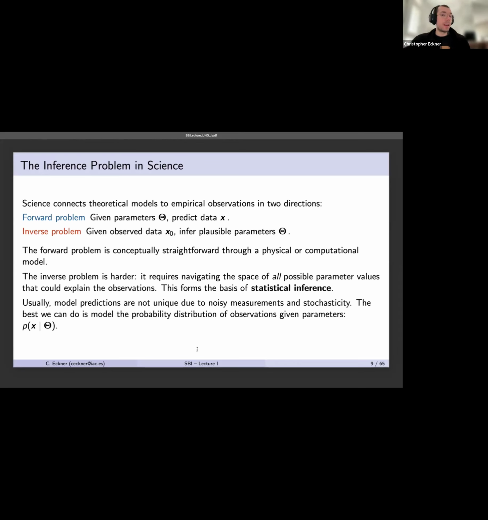So this is either in a forward way, if you have a model depending on parameters, you can simulate whatever you would observe, or you solve the inverse given the target observation. What are the plausible parameters of your model? One is straightforward, the other is not, and we need the statistical inference to get, in this setup, a posterior for our parameters given the target observation.